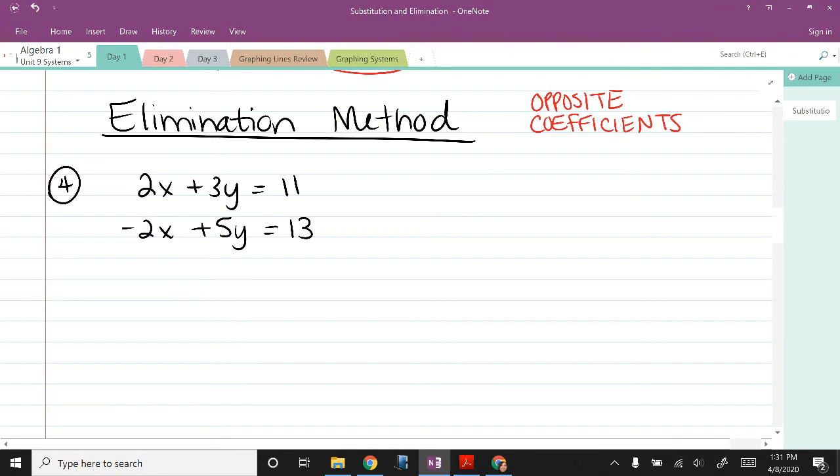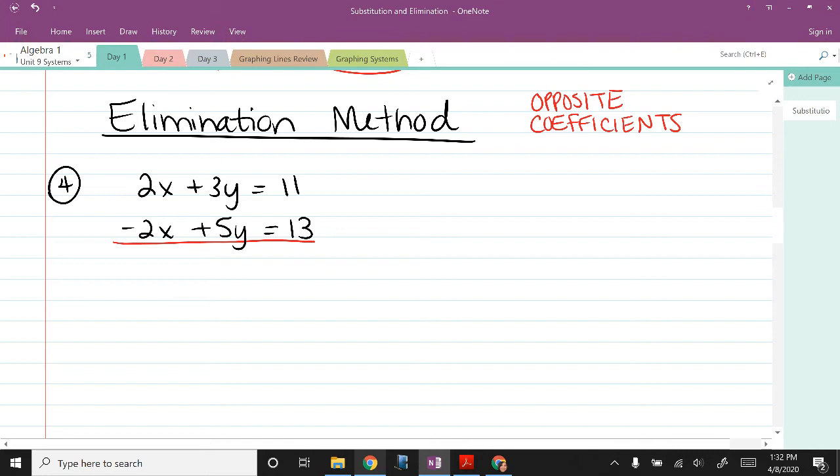So if you're looking at these two equations, they're stacked up on top of each other. The x's are right here, and my y's are right here. Notice that for the x's, I have a +2x and a -2x. Those are what we call opposite coefficients. So we're going to draw a line underneath both of the problems.